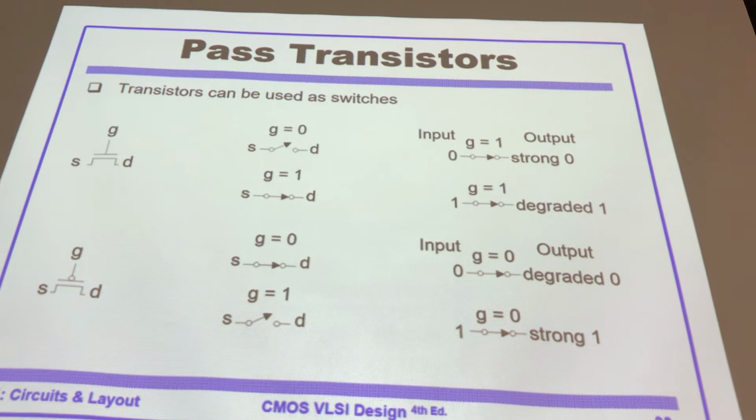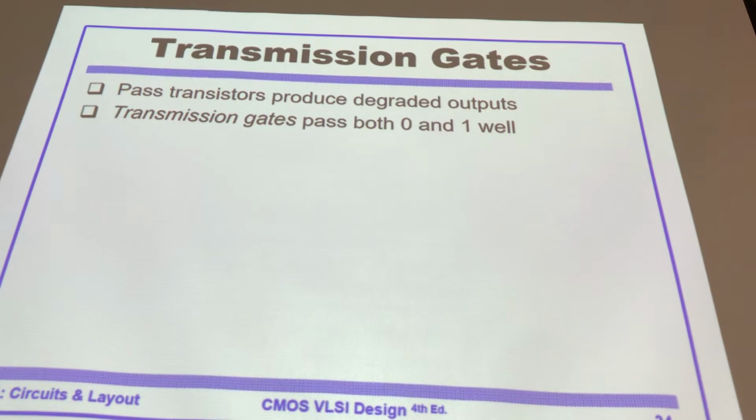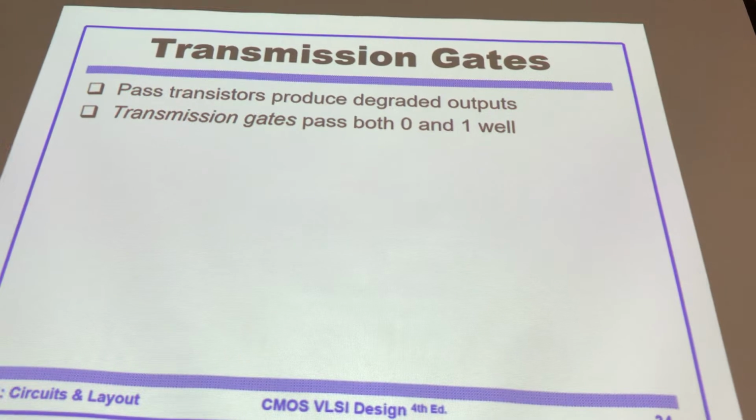Okay, try to remember that. 把它背下来。And now we are trying to build some circuit based on the NMOS transistor and PMOS transistor. These are the switches. The first one is transmission gate. Pass transistor produces degraded output, so our transmission gate can pass both 0 and 1 well.